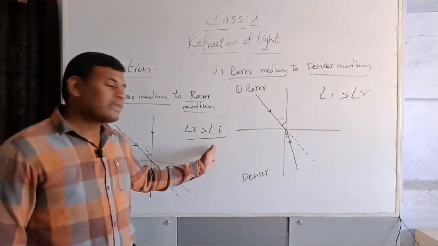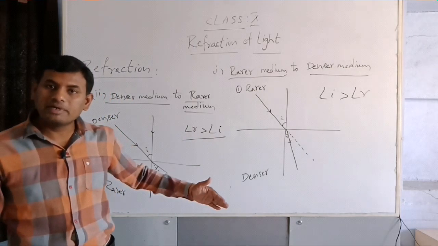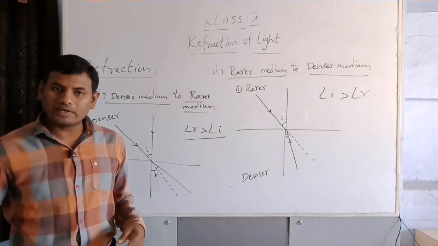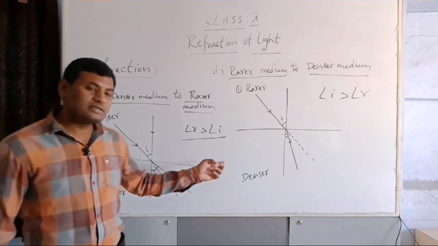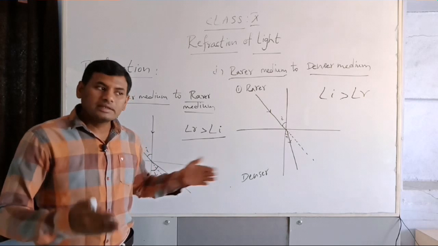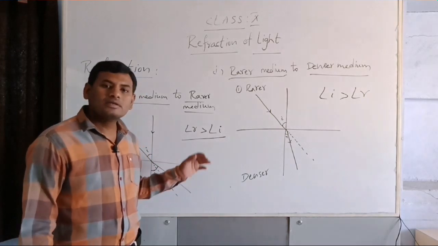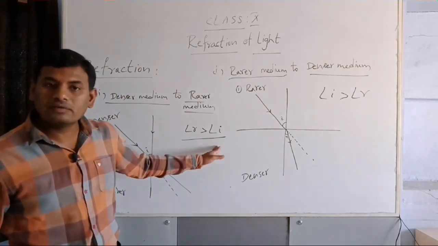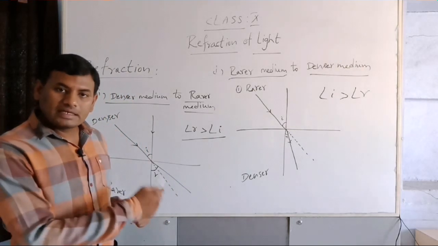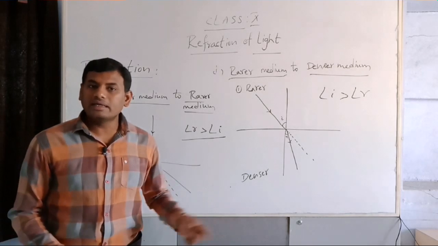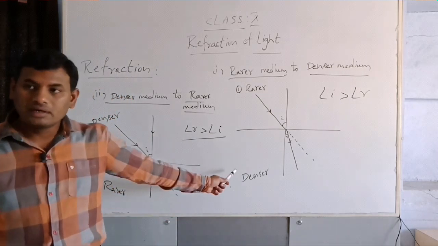In the same way, when the light ray enters a denser medium, think of it as traffic. When the density is more, the speed of light decreases and it bends towards the normal. In the converse, when the light ray enters from denser to rarer medium, the optical density is less, the speed of light increases and it moves away from the normal.